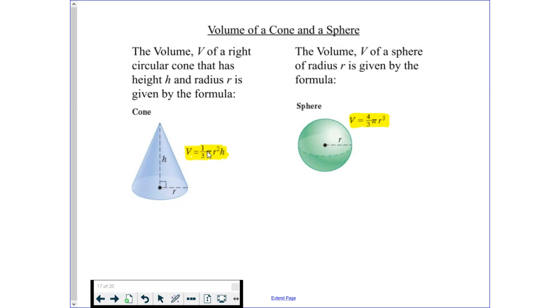At this level, we're not worried about how to get these formulas. You can prove them, you can derive them. But for this level, we don't need to derive the formulas for volume or area. It's just understanding the different shapes of geometric figures and what kind of formulas we use to find the volume. That's the objective.